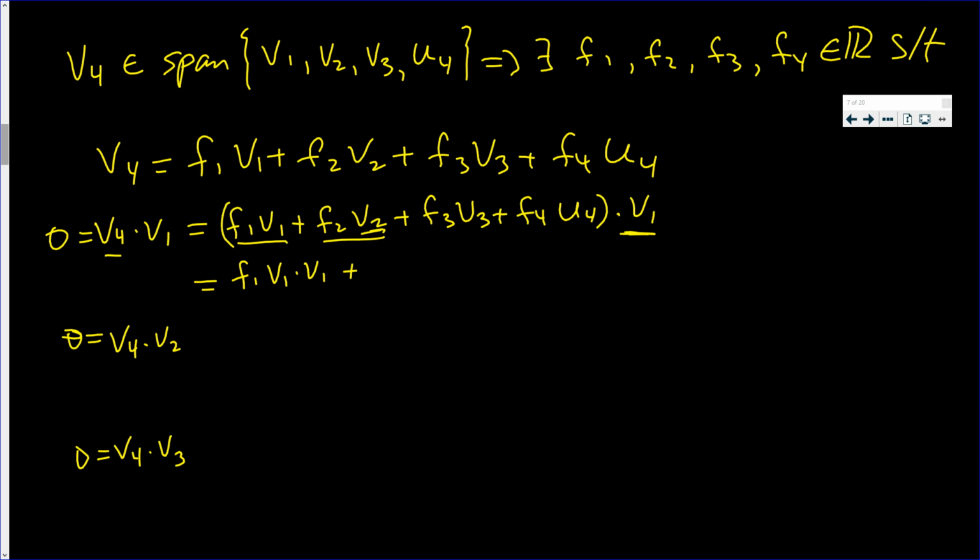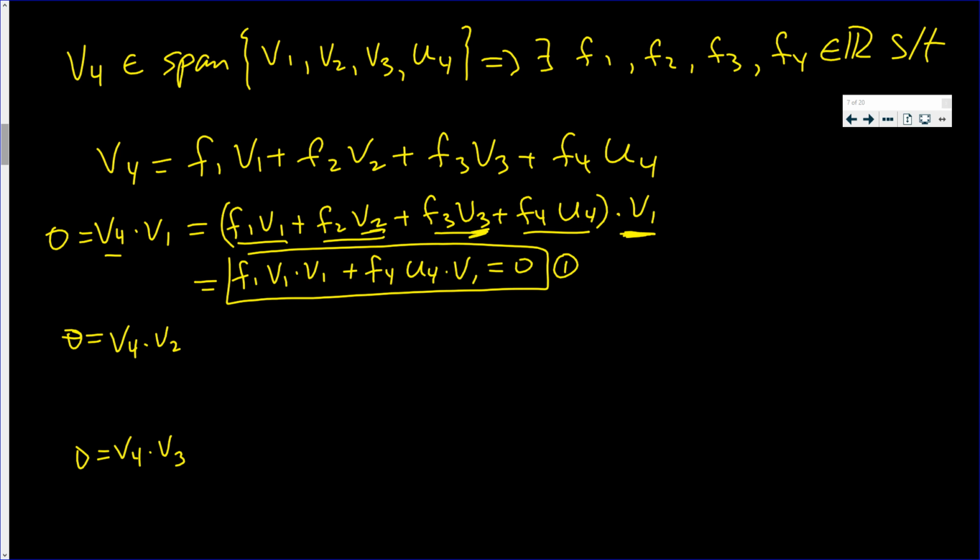We know that. Plus, so I won't write the 0, plus F3 V3 times V1. Well, V3 dotted with V1, that's 0. Okay, so I won't write that either. Then we have this, F4 U4 dot V1. And this equals 0. Let's hold on to this equation. Let's call it number 1, different from the one above.